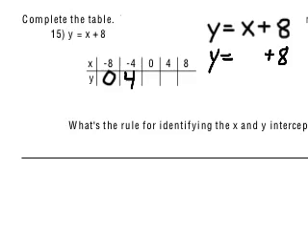Then y equals 0 plus 8. So y is 8 there. And then y equals 4 plus 8. So y equals 12. And then 8 plus 8. So in this case, y equals 16.